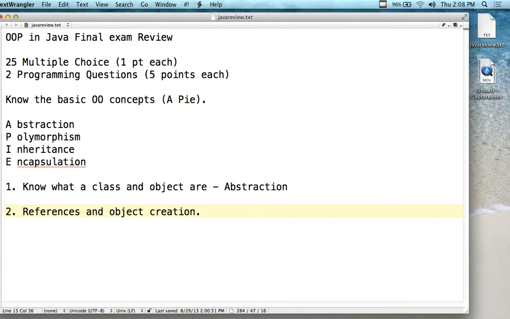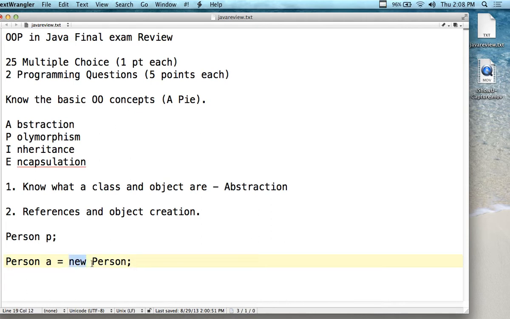So let me put a little example down here. Person P, and then we have person A is equal to new Person.